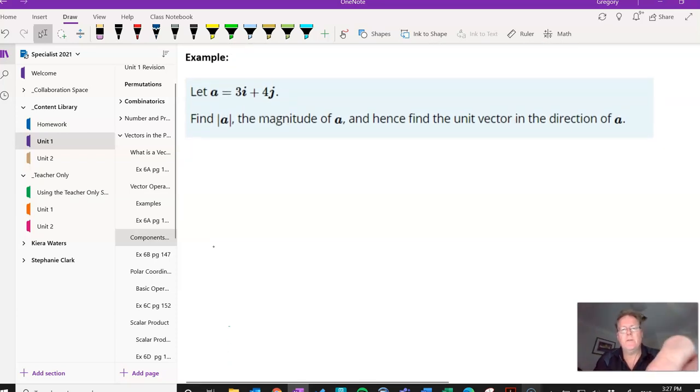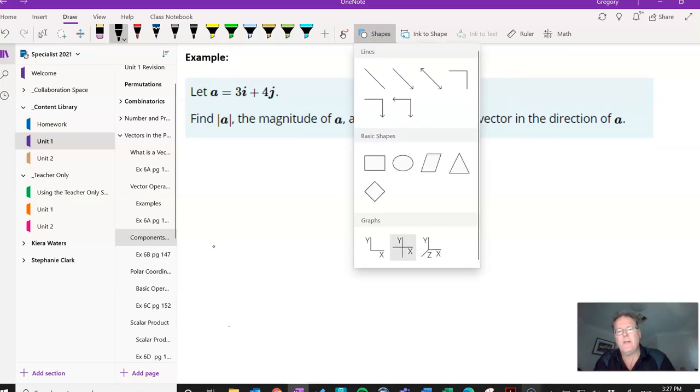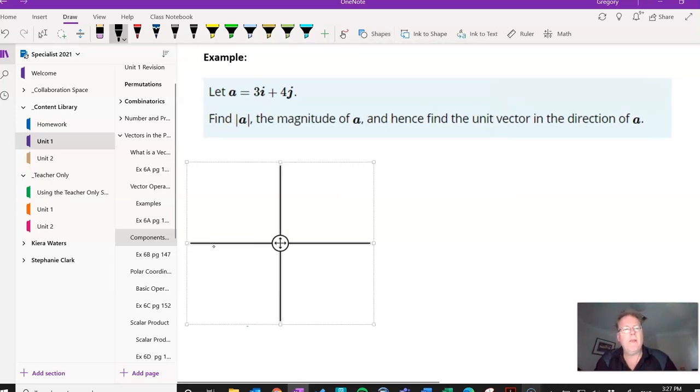So the first thing we'll do is just draw that vector. So we have a Cartesian plane, y and x. If I was to draw that vector, I would go 3 units along i and 4 units up. So I would have that vector there. That would be my vector a in that direction.